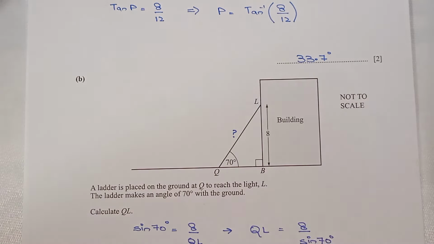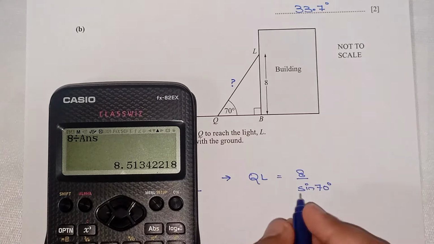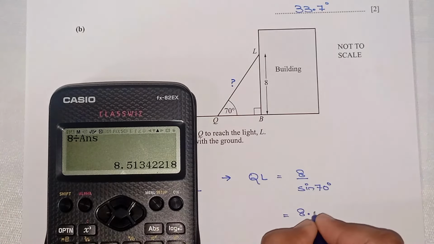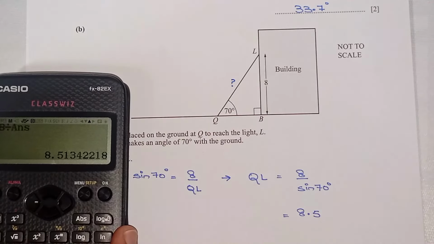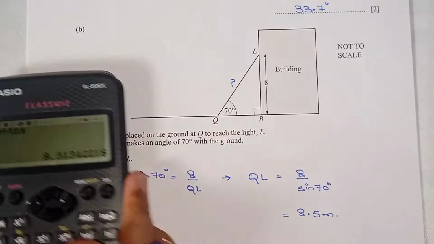So let's do it. First do sine 70. And 8 divided by sine 70 would be 8.513, or we can just say 8.5. These dimensions are in meters, so we can say 8.5 meters.